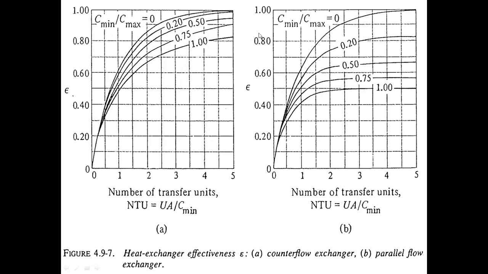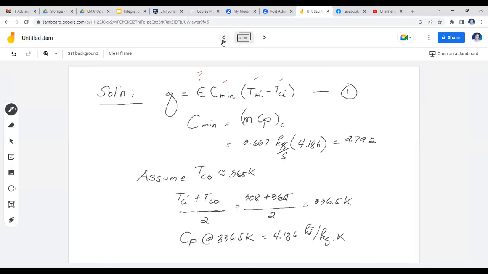So we go back to our solution. You'll have 0.75 here.